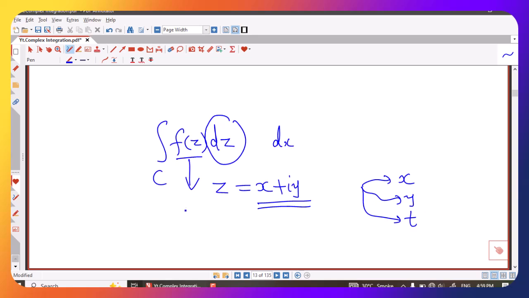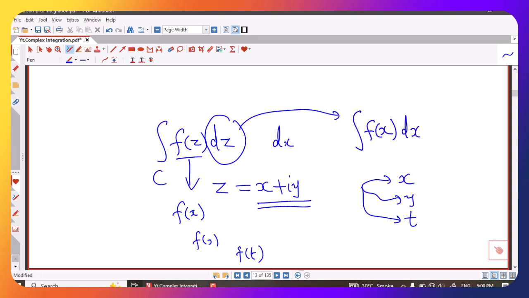Similarly, we are converting f of z either in terms of f of x or f of y or f of t, and we are able to convert our complex integral in terms of real integral, and that we can evaluate easily.